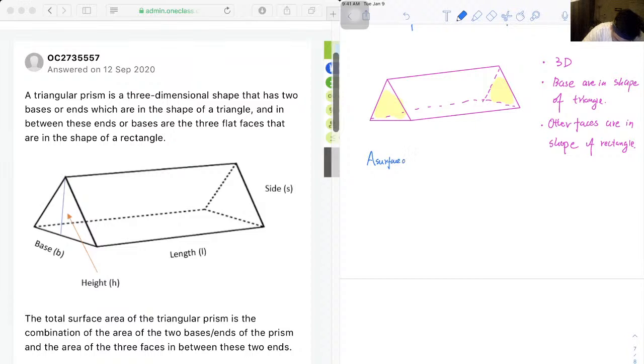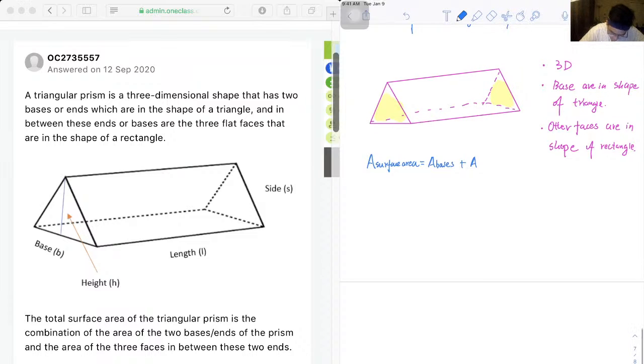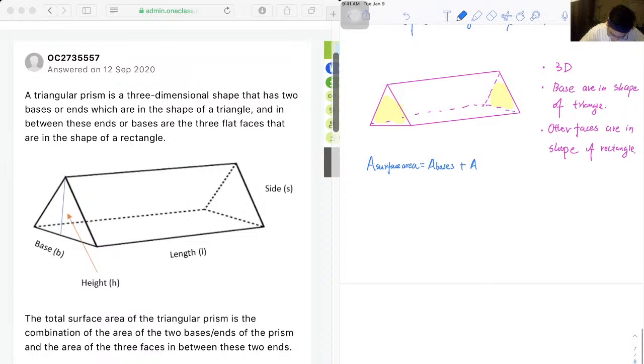Surface area is equal to the area of the two triangle bases plus the area of three rectangle faces.